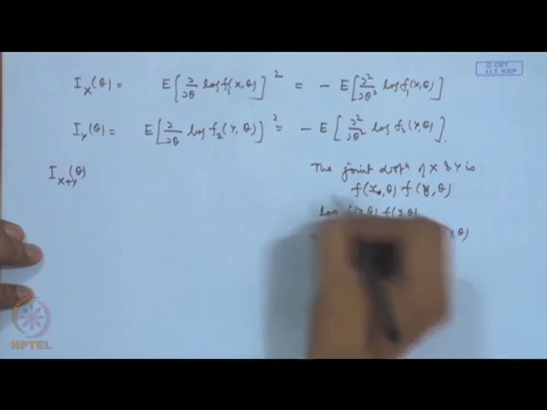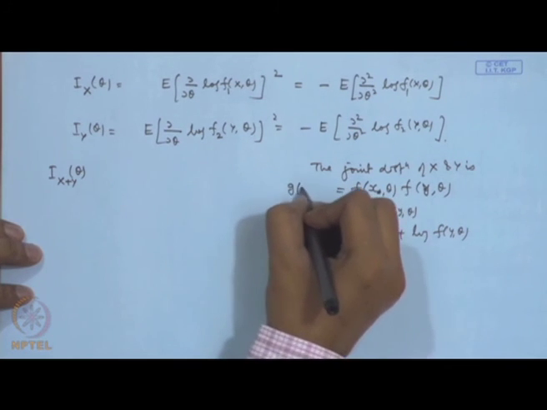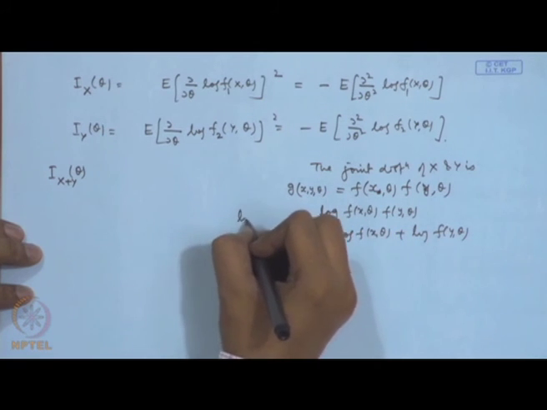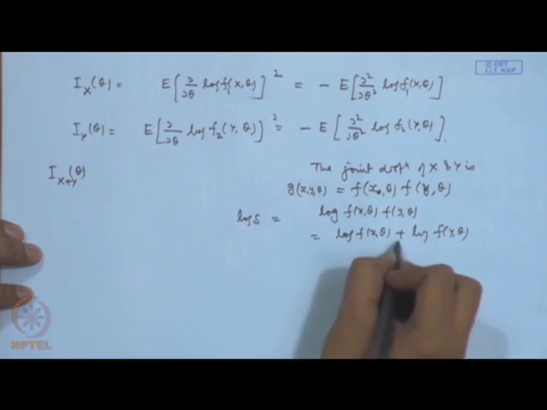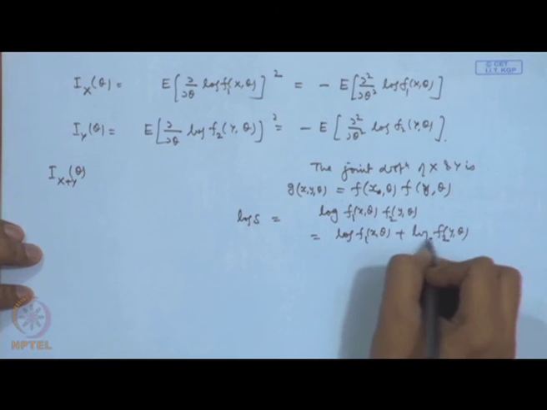So, if I consider, let me write this notation for this joint density as, say, g(x, y; θ), then log g is equal to log f1 plus log f2.